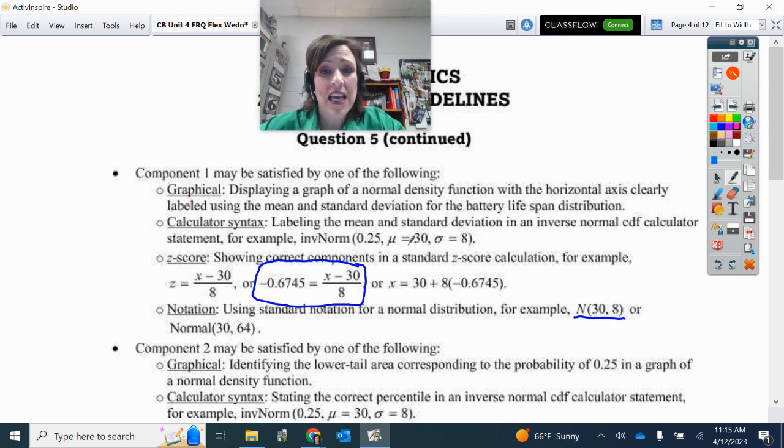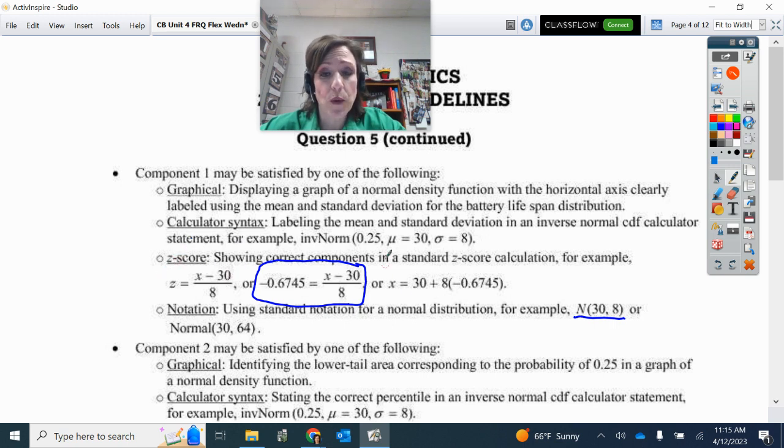Calculator syntax. They're starting to have some of that creep in, and we've not practiced or done that. We've always not lent ourselves to that kind of shortcut, so we are going to skip that. But you might have done this z-score.